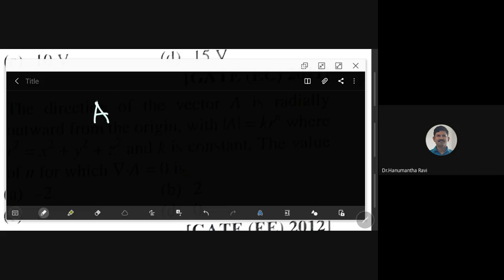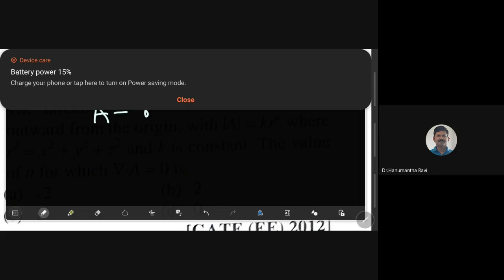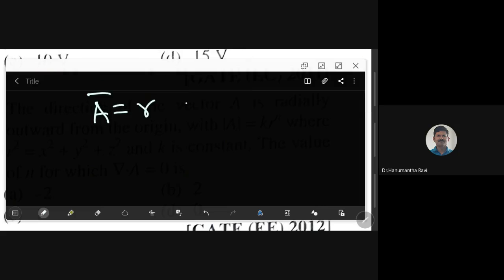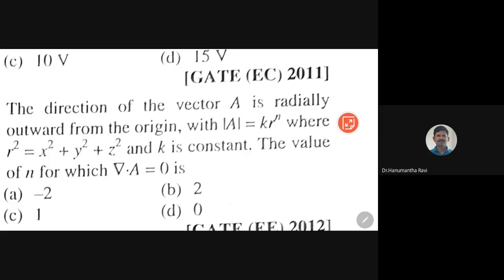So your a bar is radially outward from the origin.